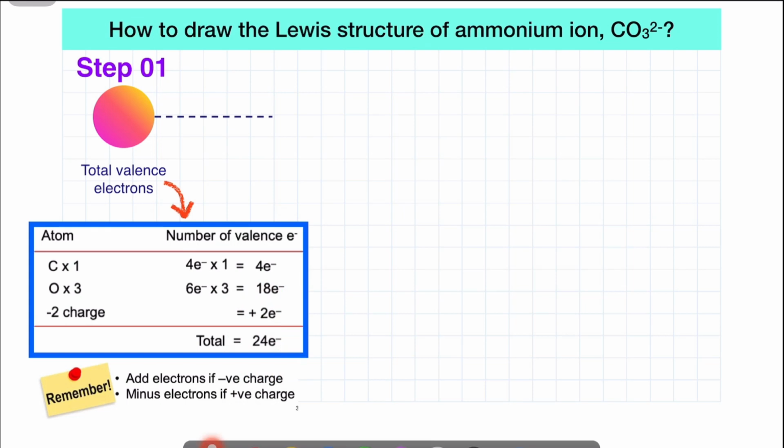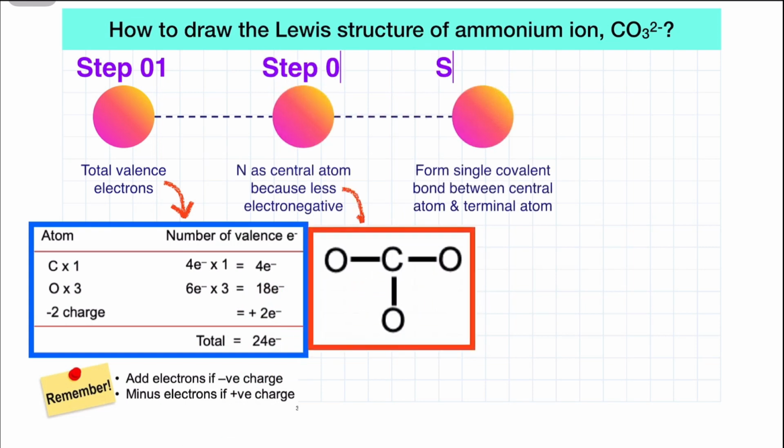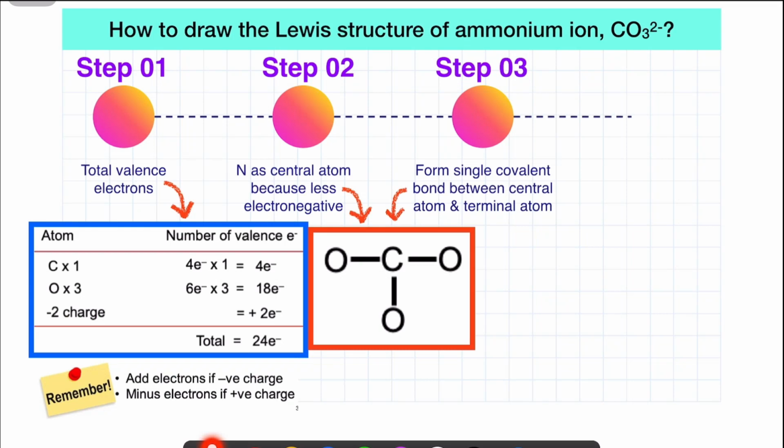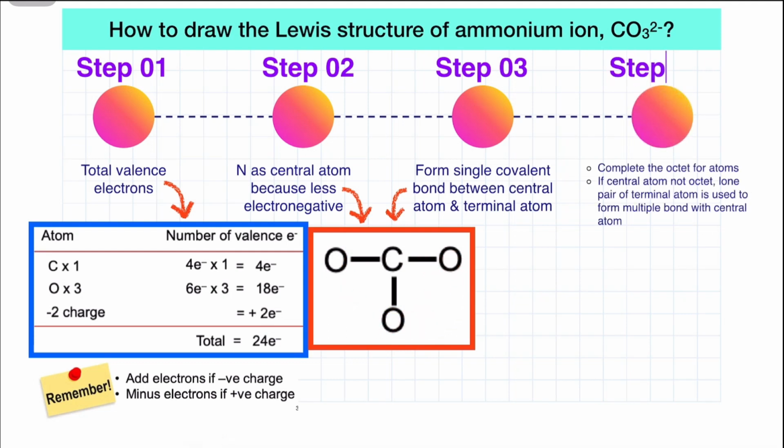Then here I combine step 2 and step 3, which is I put carbon at the center because it is less electronegative compared to oxygen, and then form covalent bonds between carbon and all 3 oxygens. Then complete the octet for the atoms.